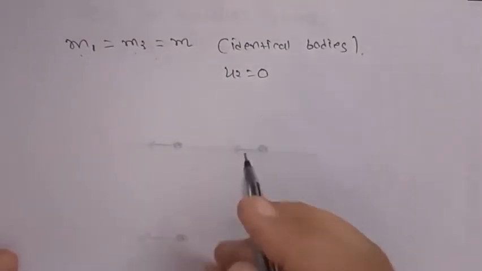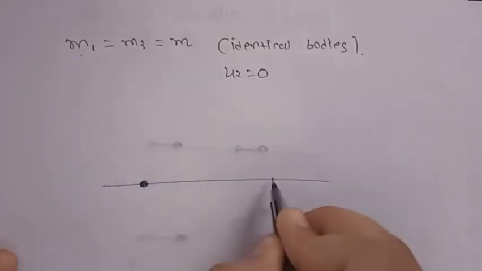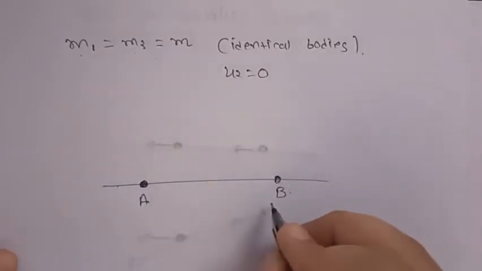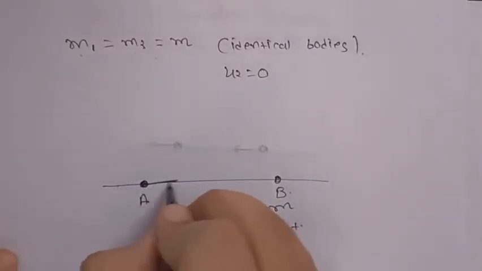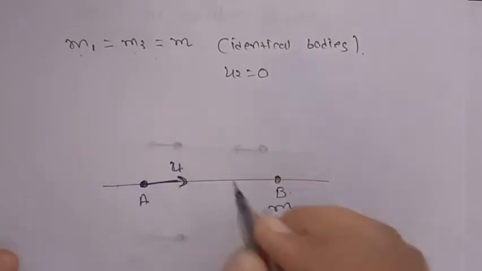Let us assume there are two bodies A and B. This B of mass m is initially at rest and A is moving towards B with some speed u.